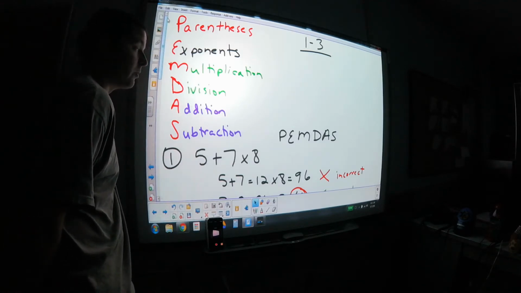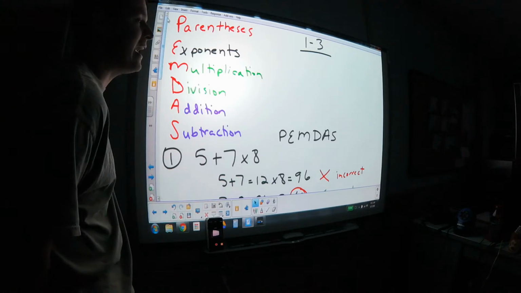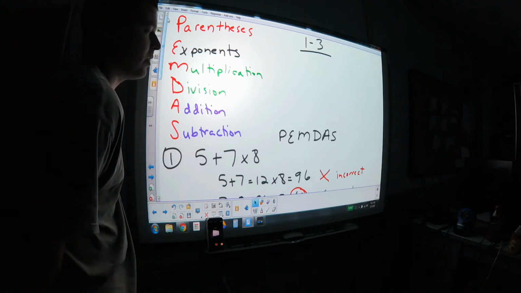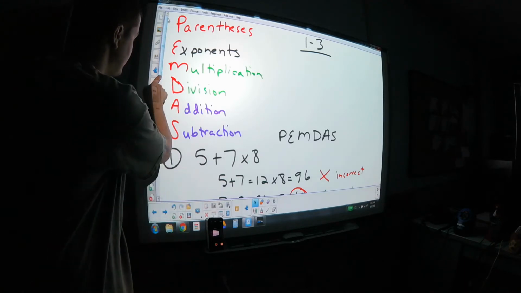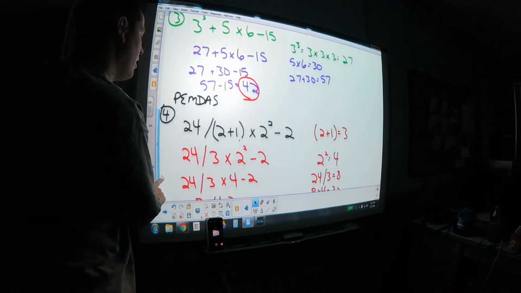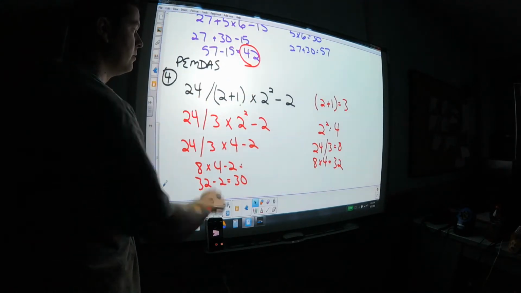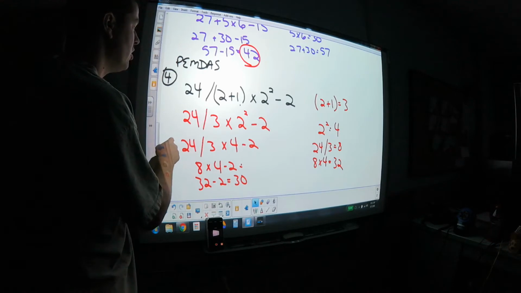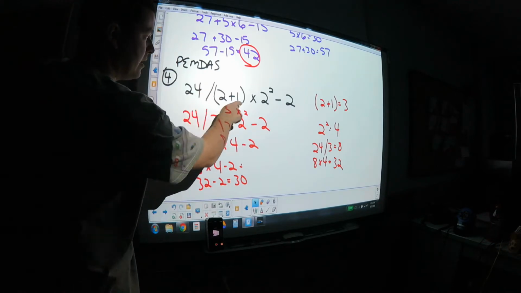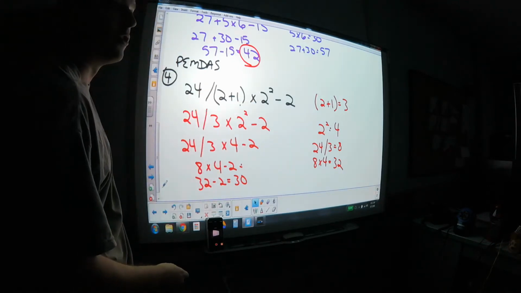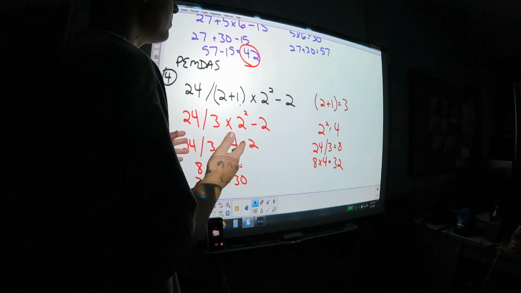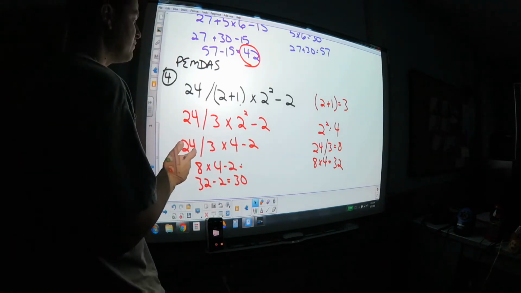So after exponents, if you have multiplication and division in the same problem, for instance, down here on number 4, here in a minute I'm going to show you, but see, you've got division right here and multiplication. So the order that you do multiplication and division is left to right.